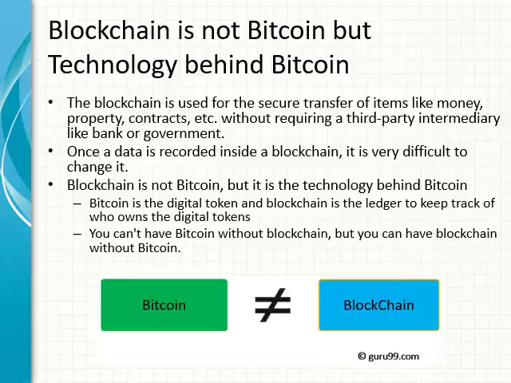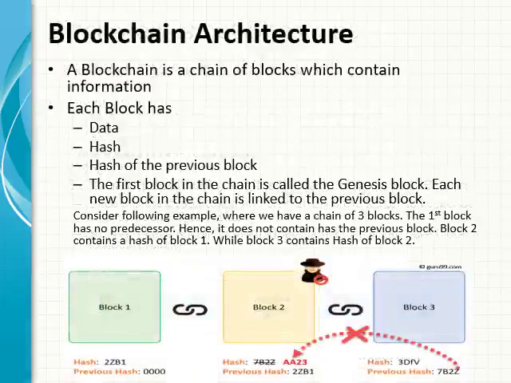So you cannot have Bitcoin without blockchain, but you can have blockchain without Bitcoin, because blockchain can be used for other applications also, in education, in healthcare, and several other applications. So we have to learn the Bitcoin architecture.